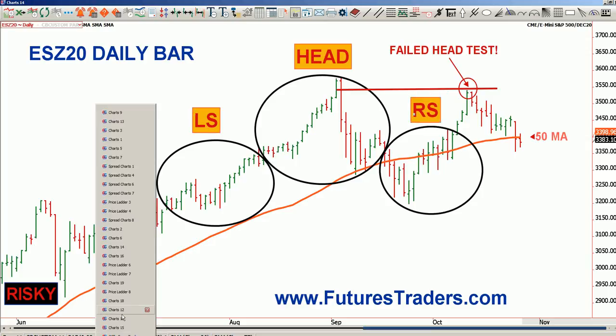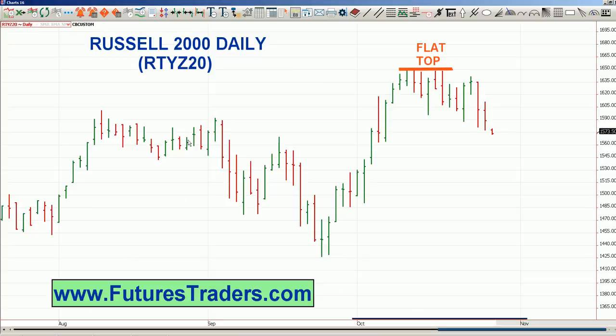Let's see how the Russell has been panning out. The Russell 2000, although it did not put in a head and shoulders formation, certainly did put this flat top in. And one of the things I've heard the children say is, look, it's a dragon formation. See? These are its legs, and back here is the tail, here's the body, and then here's the head.